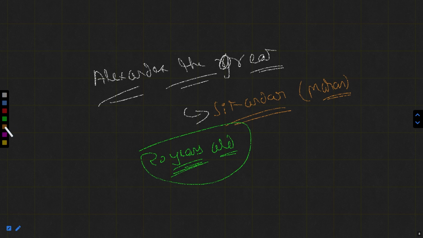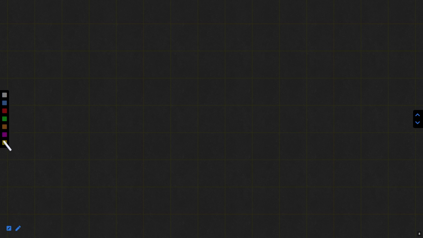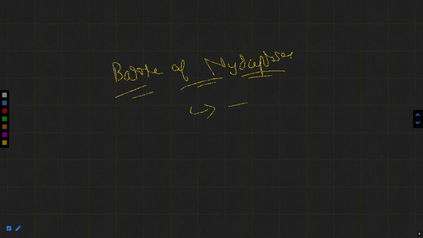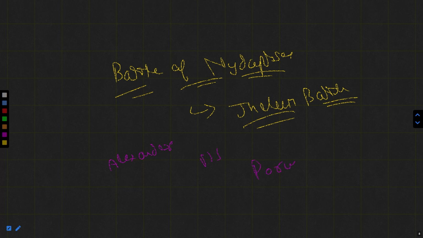of Hydaspes, which is also known as the Jhelum battle or Battle of Jhelum. Okay, during this battle, it was Alexander versus Porus. Okay, and then Porus was defeated and Porus joined Alexander.